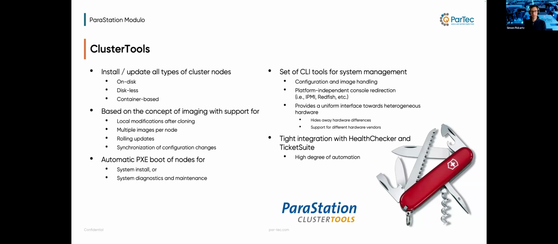As I mentioned before, this is our Swiss Army knife for the service and support people during their day-to-day work, like doing maintenance, bootstrapping the system, updating, and so on. And it also integrates with our other components that I will introduce in the following, such as the health checker, but also the ticket suite to automatically create tickets if issues are detected, to react on results provided by the health checker, and so on.